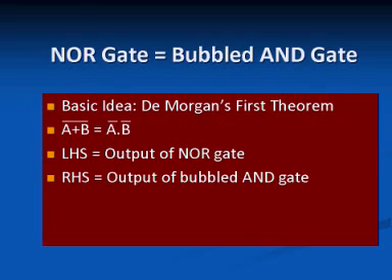Now, if both the inputs a and b are complemented using two NOT gates before ANDing them, the output will be a bar into b bar, which in turn equals (a plus b) whole bar. Thus, a NOR gate is equivalent to a bubbled AND gate.